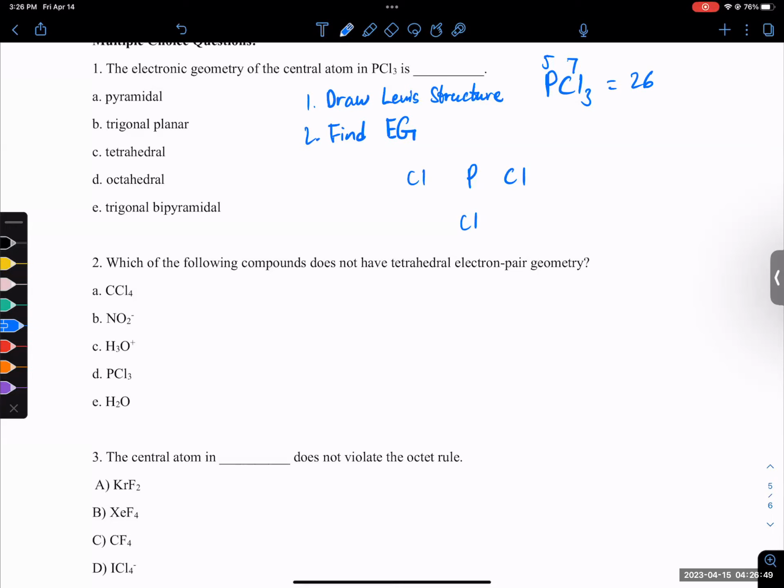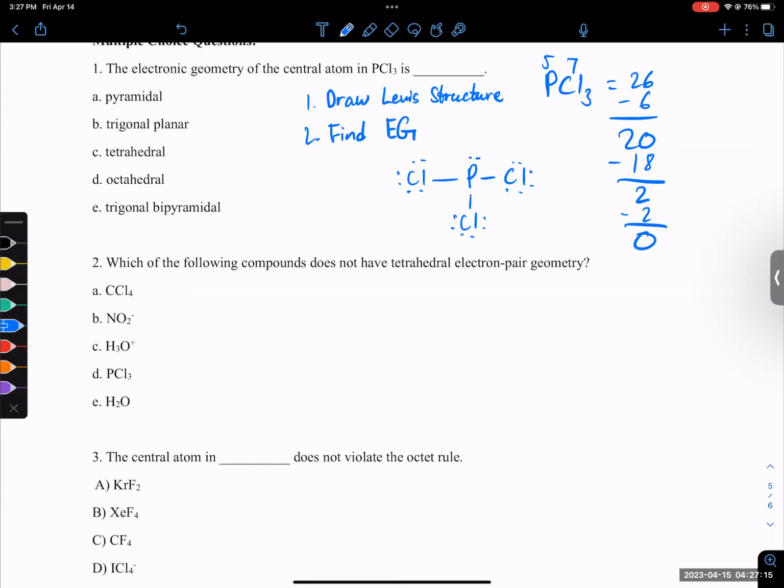Boom, boom, boom. Now that's minus 6, that's 20 electrons. Now, what do we do from here? I'm gonna fill them out, so that's 8, then 1, 2, 3, 4, 5, 6, that was 18 we used up. That's 2 left over. So where do these 2 go? On the phosphorus. So minus 2, 0.